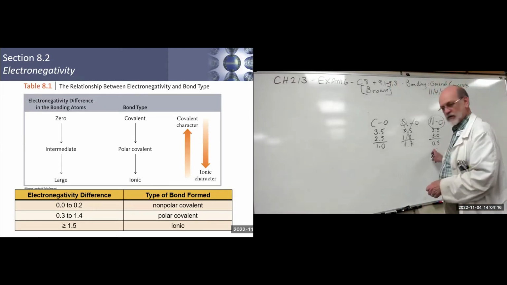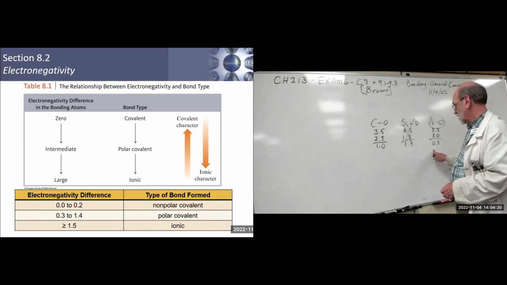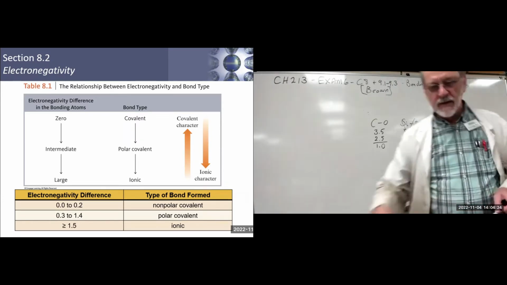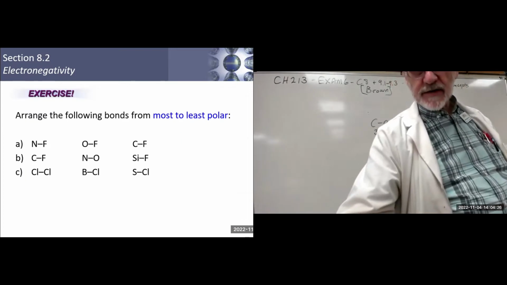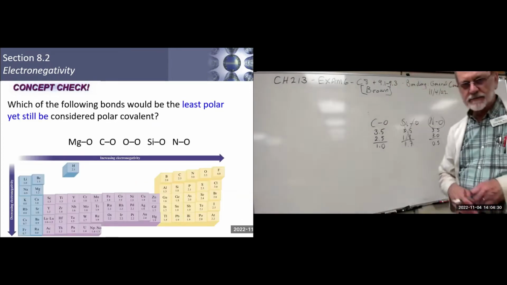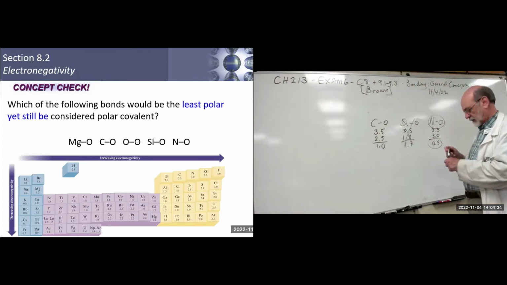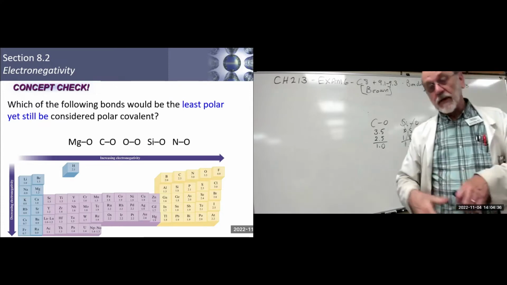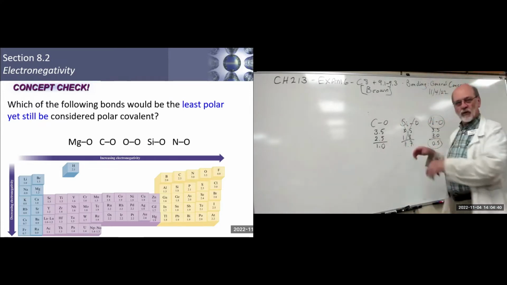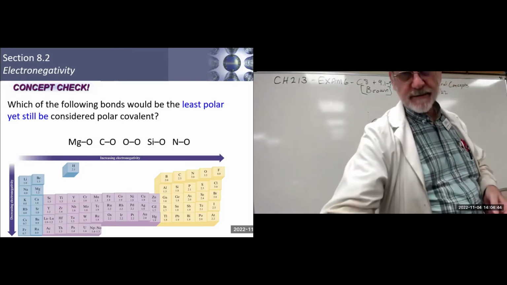So this one is 0.5, which means it's polar covalent, and this one is polar covalent. But the question was, which one was the least polar? It would be this one. So that confirms it. I mean, we reasoned it out before, and now the values confirm it for us.